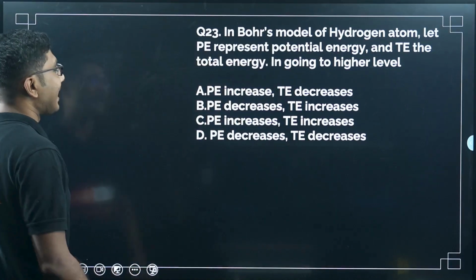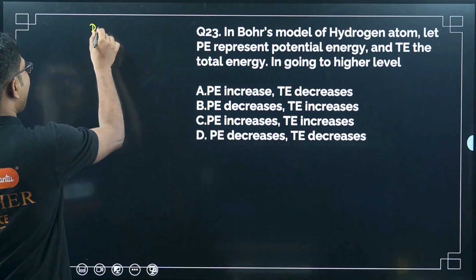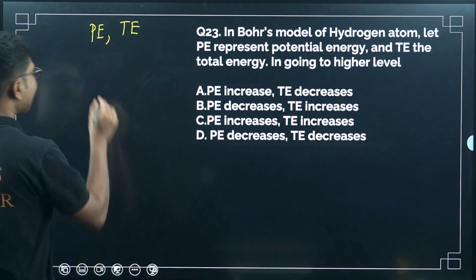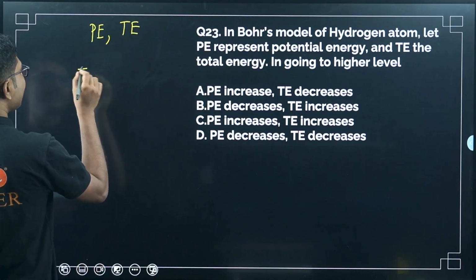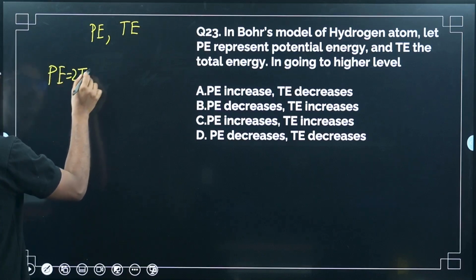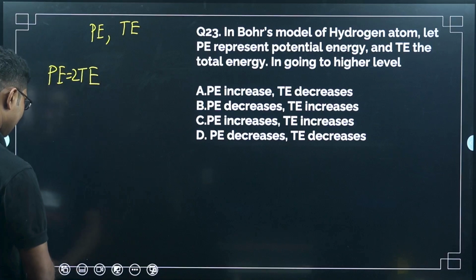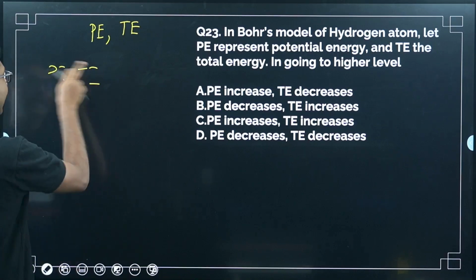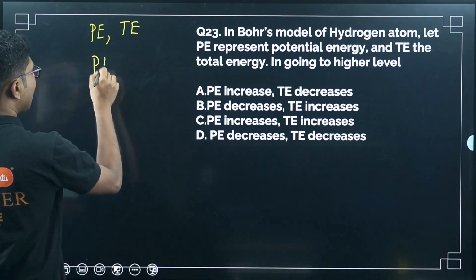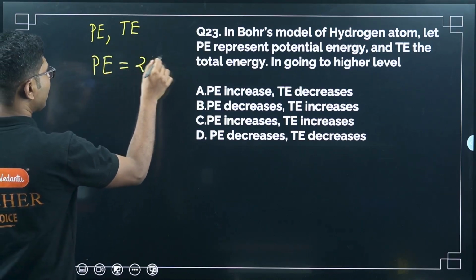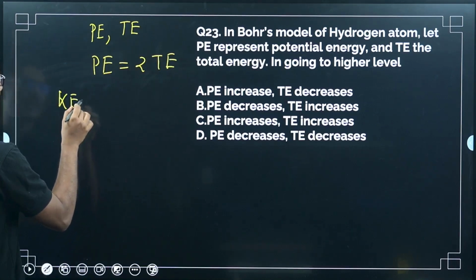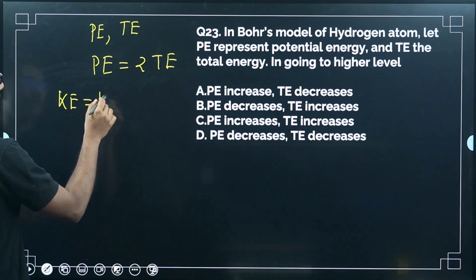Now we know the relationship between potential energy and total energy is Pe equals 2Te, including the sign. If you remember, we have solved one question where we answered this: Pe is equal to 2Te. Also, kinetic energy is the modulus of total energy.